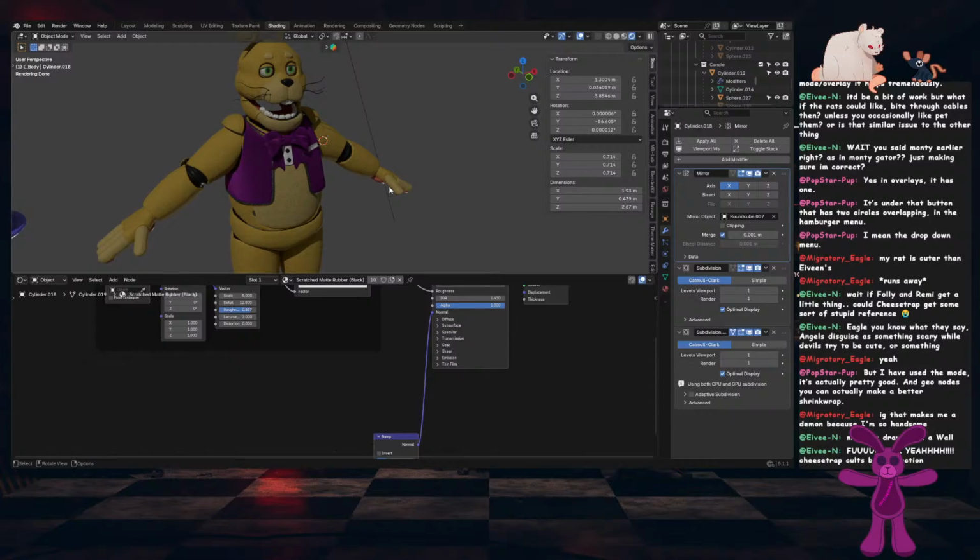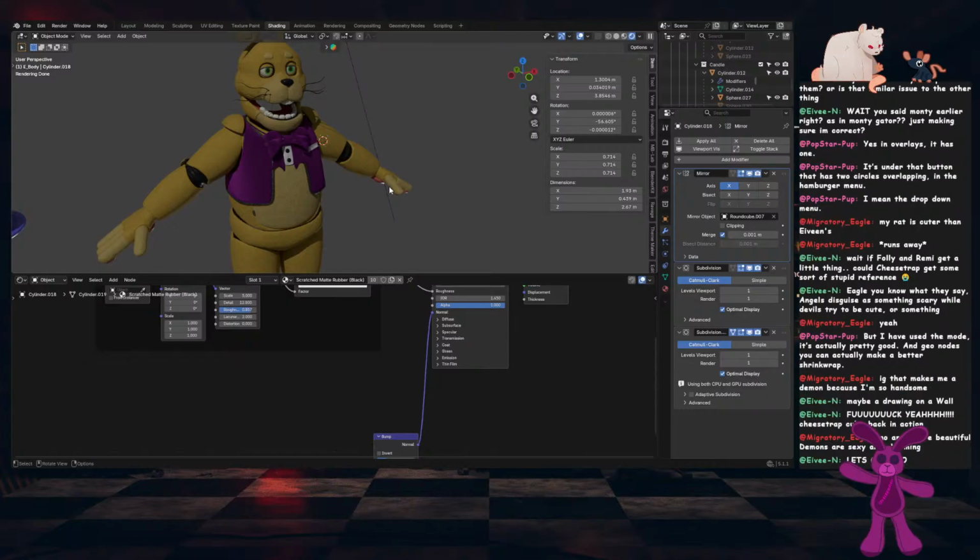It means I need you to redesign Cheese Trap. Oh, angels are beautiful, demons are sexy and charming. Damn, guess I'm none of the above then, huh?